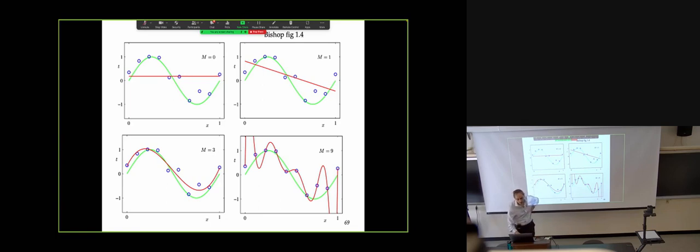You have a series of data points, for example, these blue data points that we collected, and we fit several models. These are polynomial functions. This is a polynomial of degree 0, so it's a constant line. This is a polynomial of degree 1, so it's a linear function. This is a polynomial of degree 3 and 9. You see how this one is underfitted.